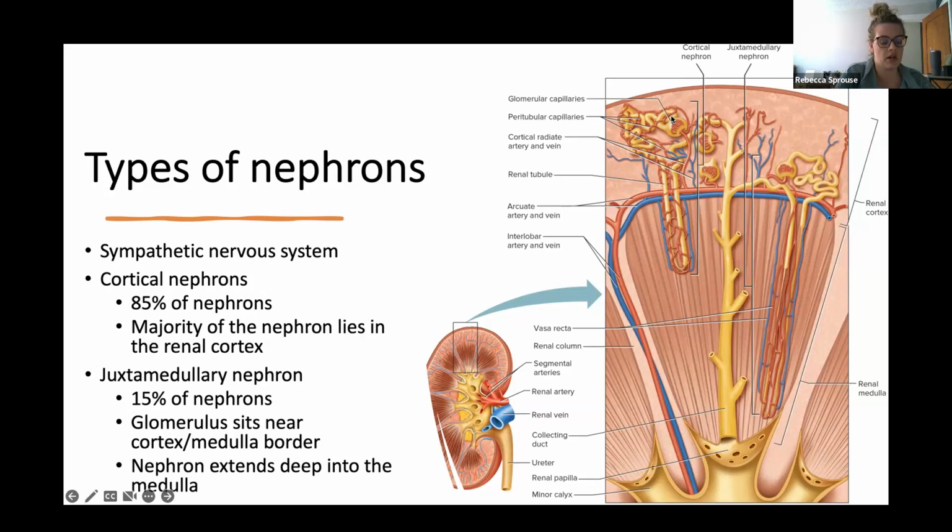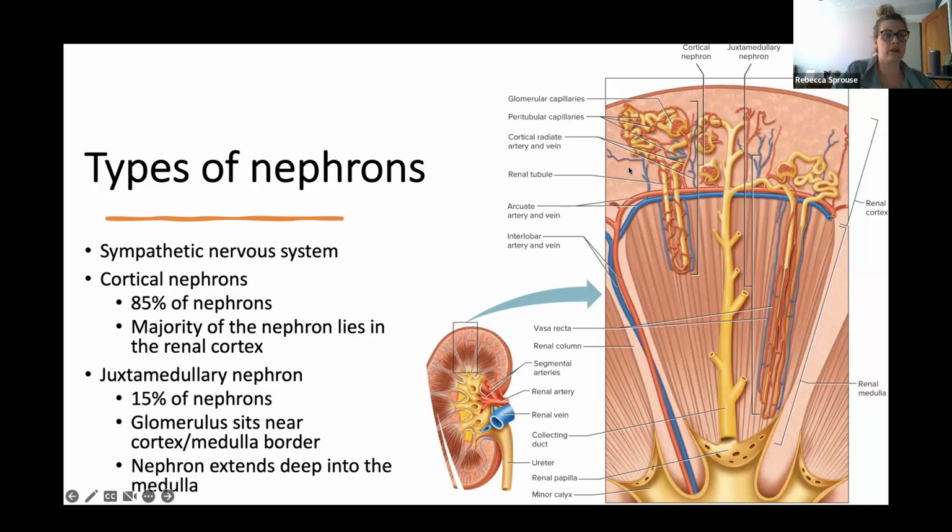Remember, filtration from week 1 is basically the separation of substances in a solution, right? Separating solute from solvent based upon a pressure. And so this pressure in this case is going to be from blood pressure. It's a passive process, so there's no ATP involved, but this is going to depend upon blood pressure.